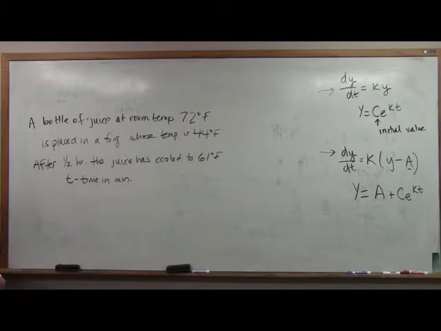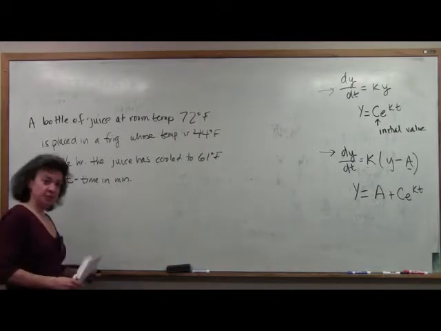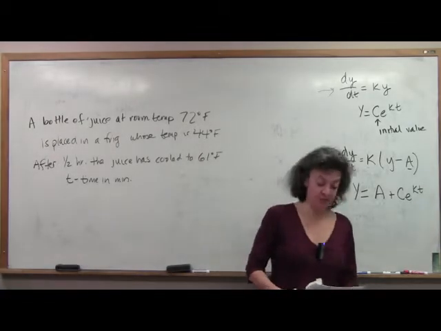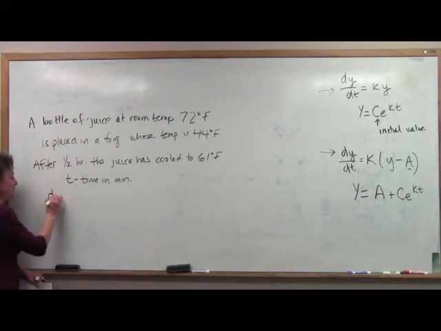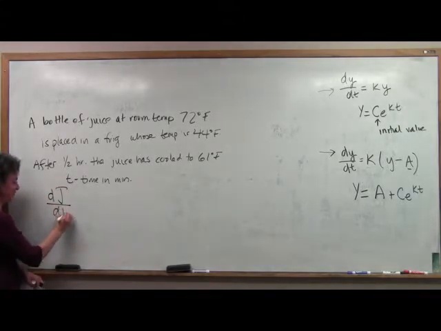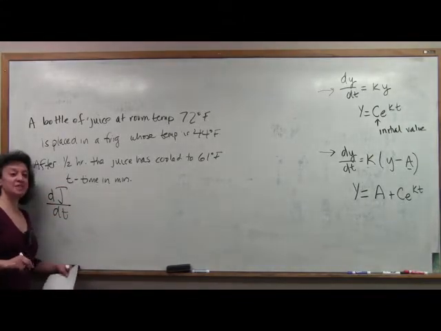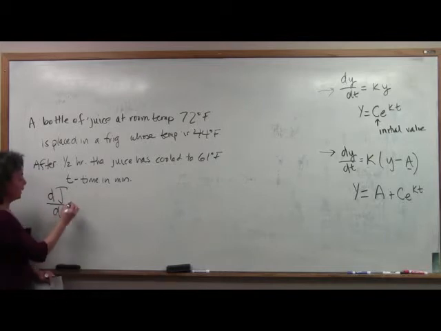So the first thing that we're going to do is write a differential equation for this. We'll call it dJ/dt, where J is the temperature of the juice at time t. Well, what do we know?